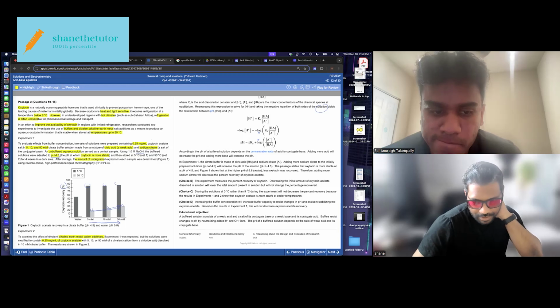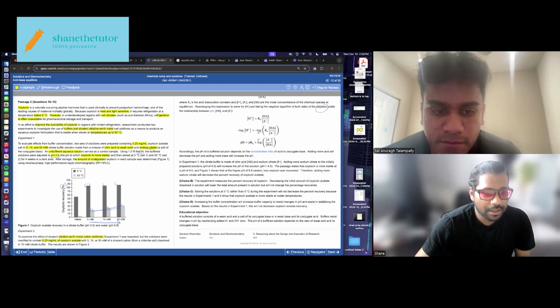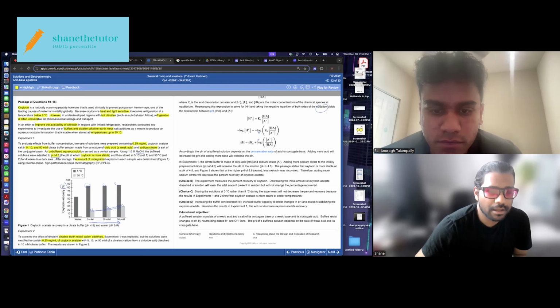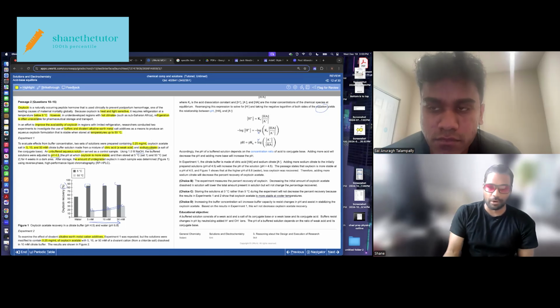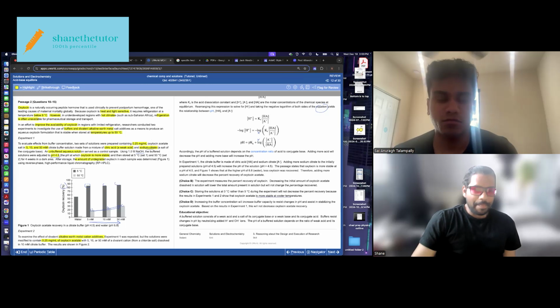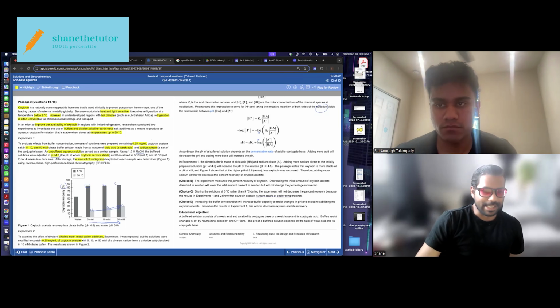And then C, they said more stable at cooler temperatures. So it's the thing that I said about that. We see that 5C has a lot more percent recovered than 50C. So it would make sense if you go even lower than 5C to have even more recovered, right?